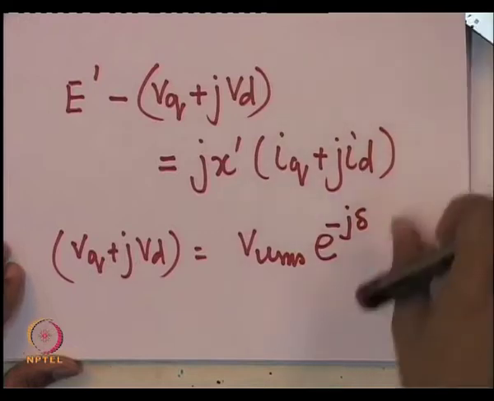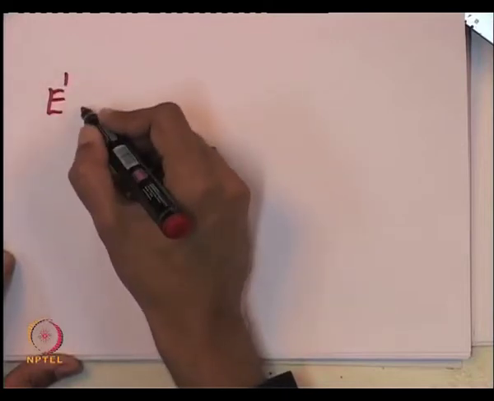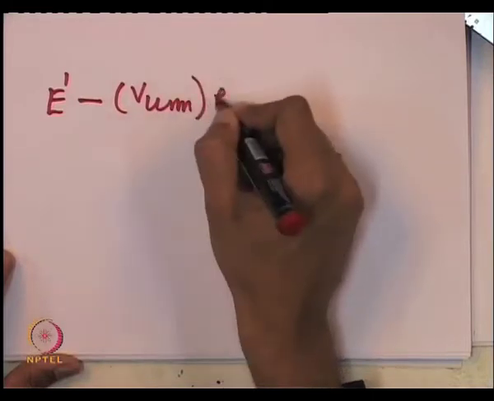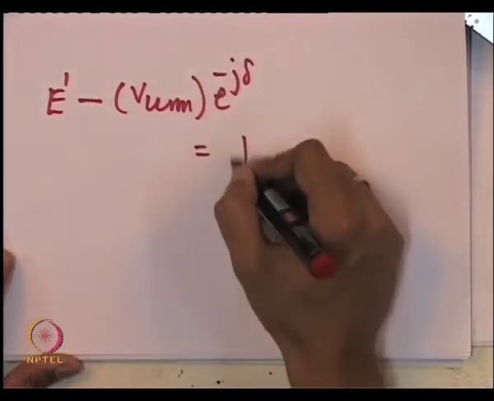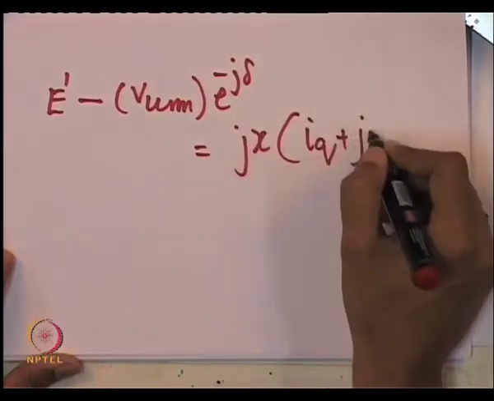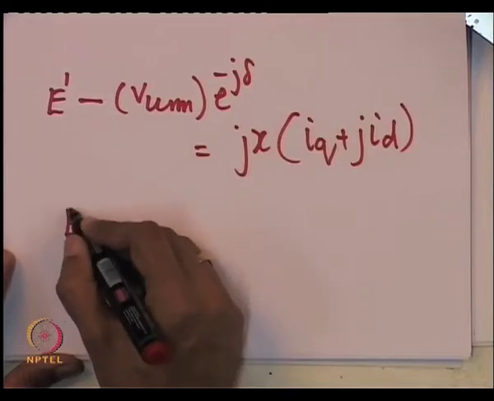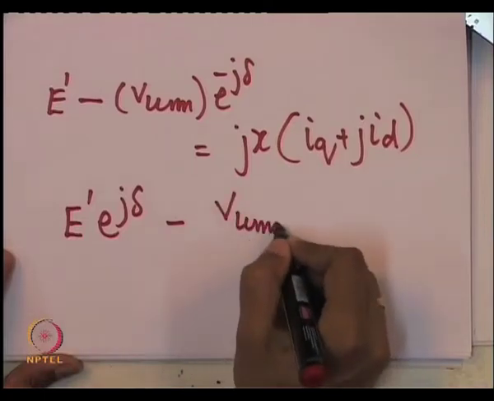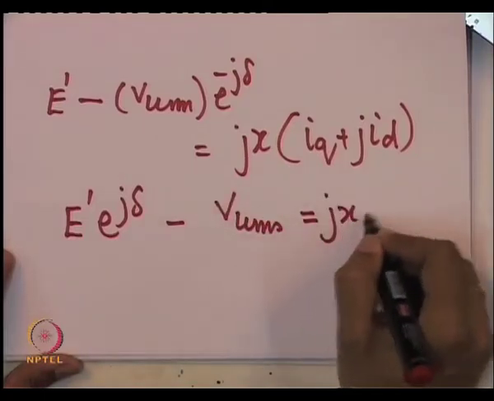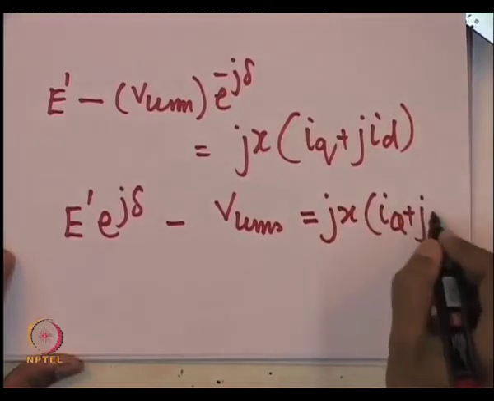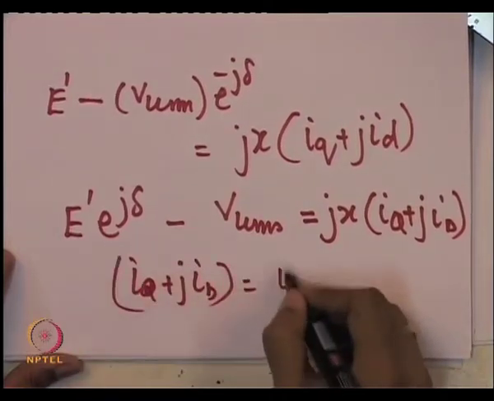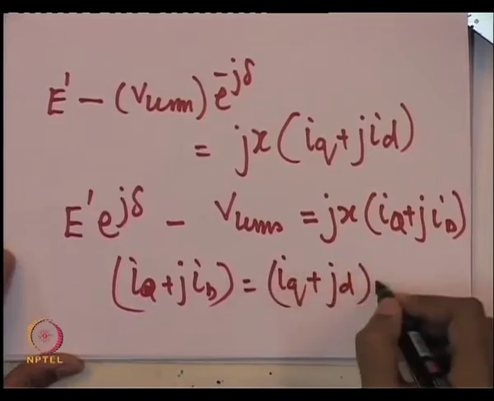So, what we have here is eventually E dash minus V line to line RMS into e raised to minus j delta is equal to j x into I q plus j I d. And from here effectively, E dash e raised to j delta minus V line to line RMS is equal to j x into I q plus j I d, where I q plus j I d is nothing but I q plus j I d into e raised to j delta.